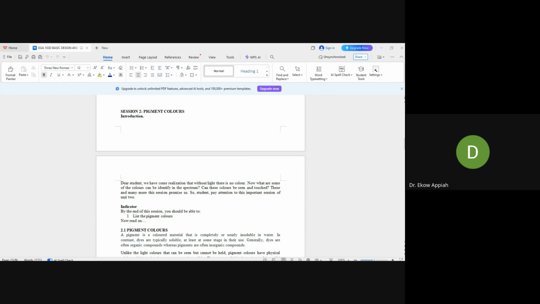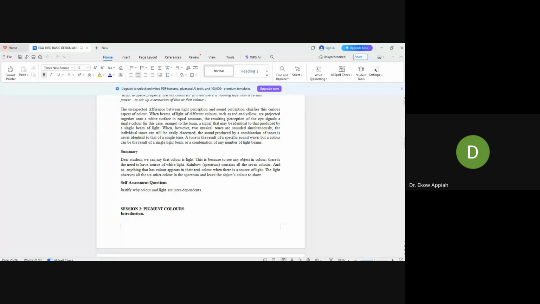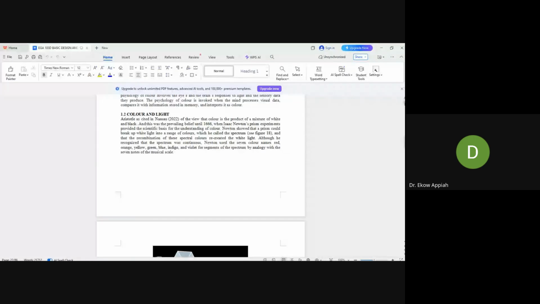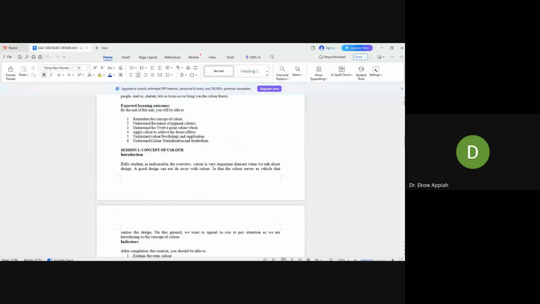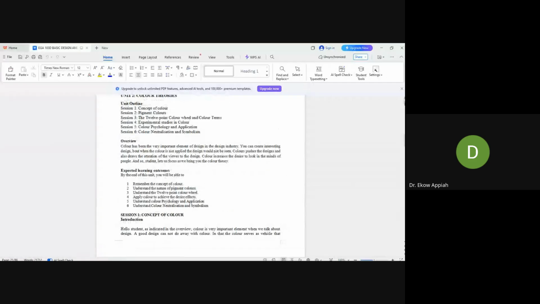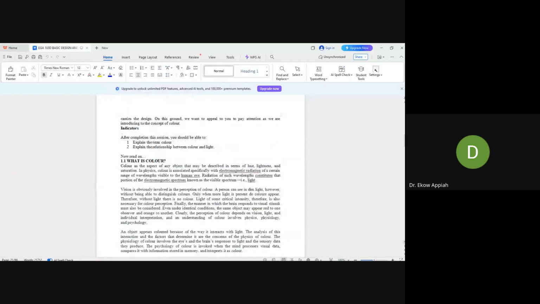Okay. Let's look at the 12-point color wheel. First of all, I want you to draw a complete circle. We are all doing it together, please. Draw a complete circle. Please, I hope you have done it.